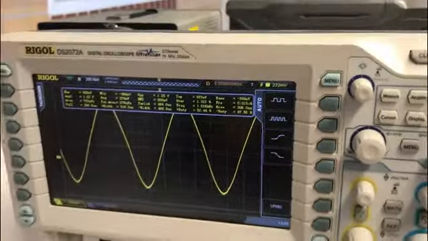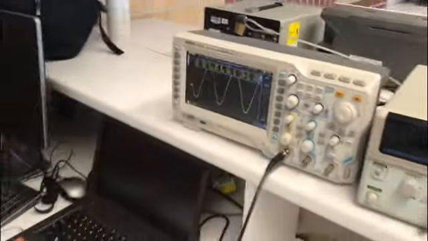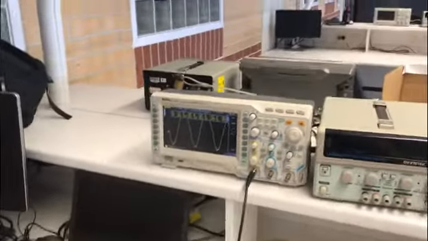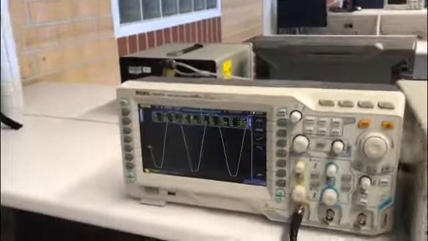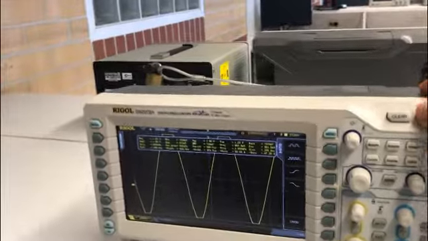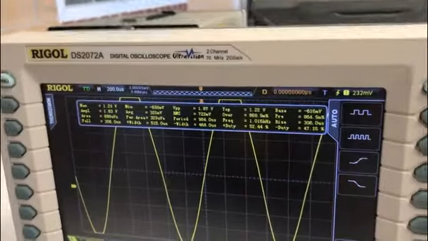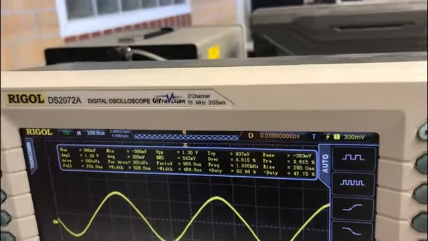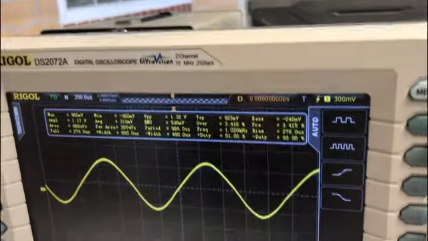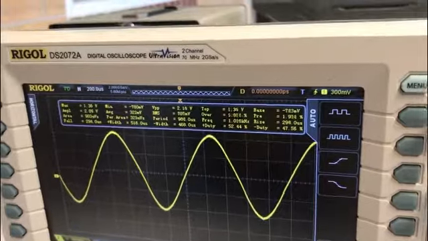If I increase the distance of the electrodes in the water, we can clearly see that the voltage has increased. And if I close the electrodes, the voltage decreases, and it increases, decreases.